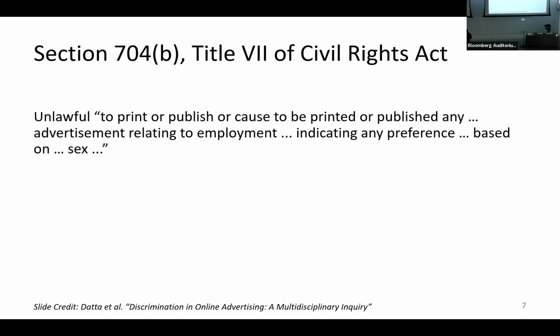As their starting point, they point out that Title VII of the Civil Rights Act, going back to the 1960s, does outlaw discrimination in advertising. It is unlawful to print or publish, or cause to be printed or published, any advertising relating to employment indicating any preference, including based on sex.